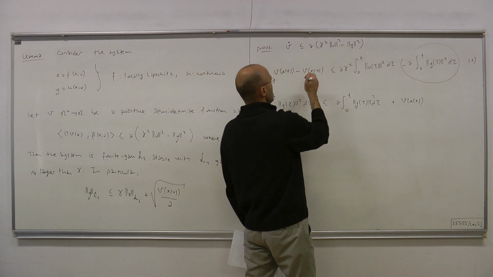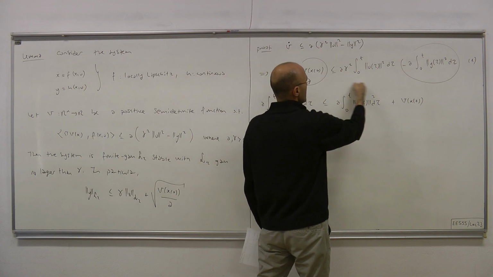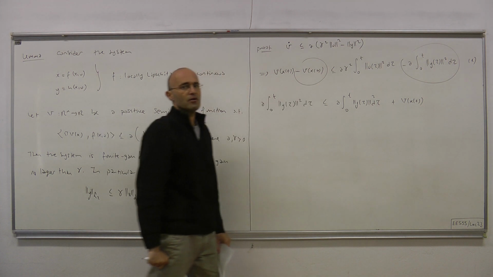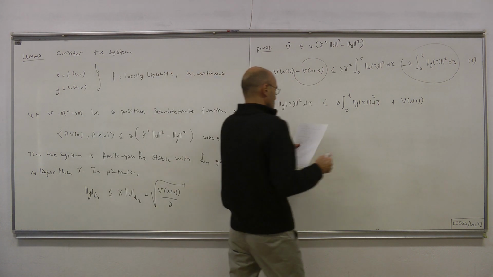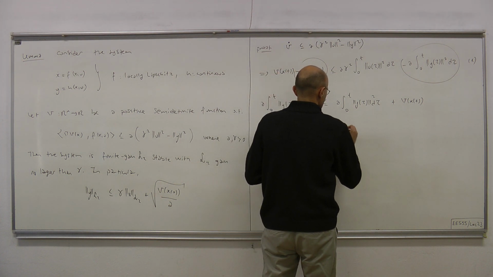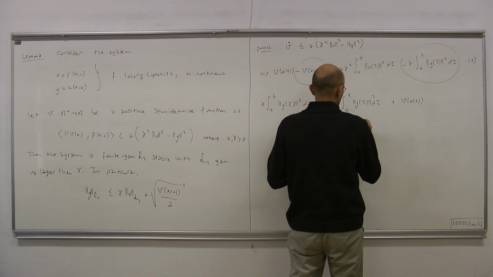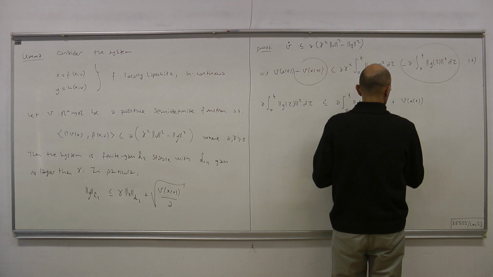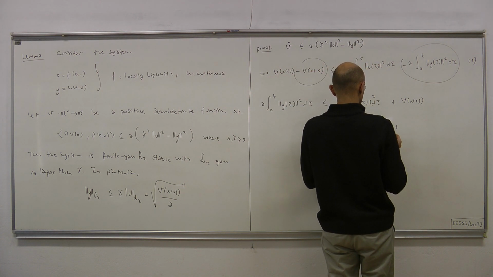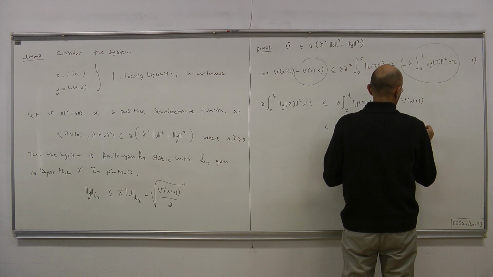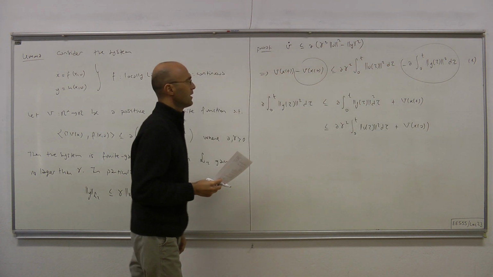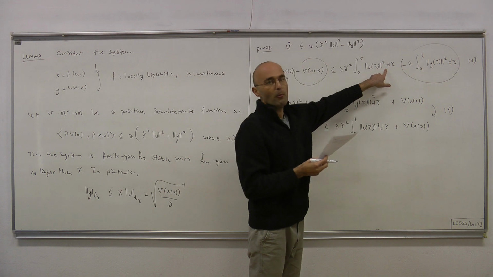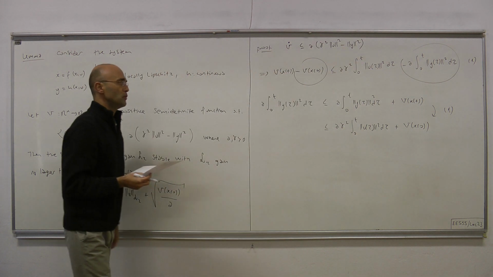And then take this term, throw it to the other side, and you have this integral of the input plus the initial value of the Lyapunov function V. Hence, using 1, this is less than or equal to a gamma squared times the integral of u of tau squared d tau plus V of x of 0. And from this line to the next, we use simply what we obtained by integrating the assumed condition.